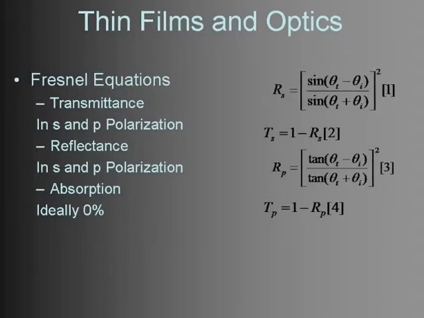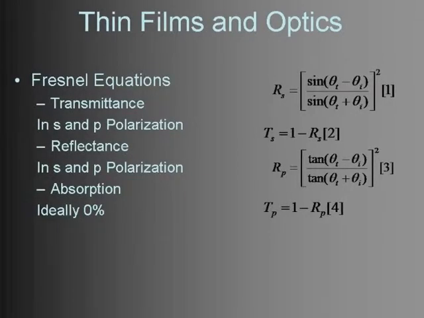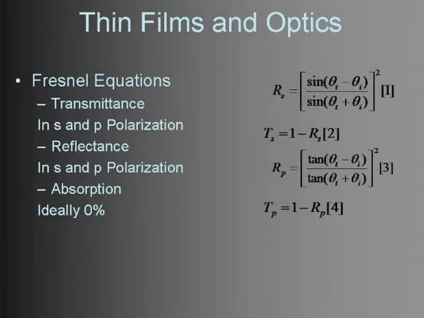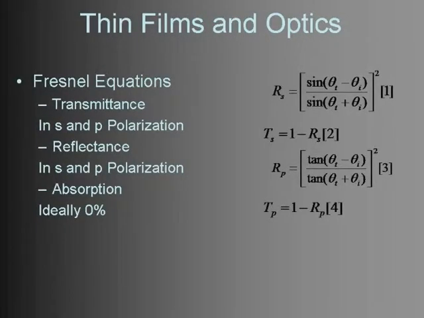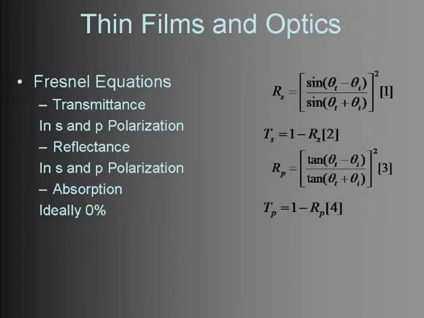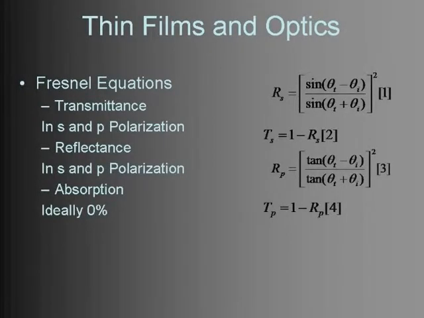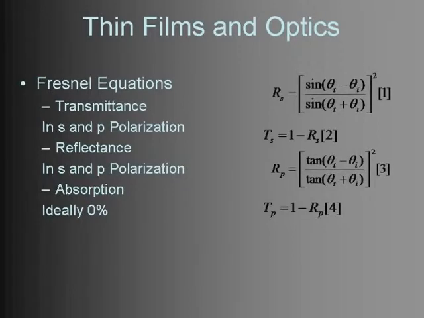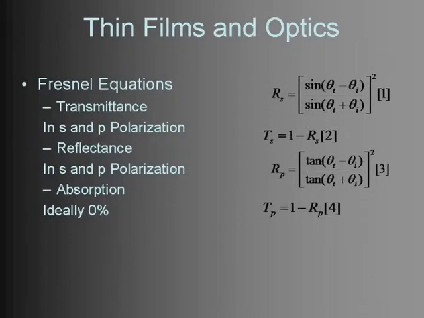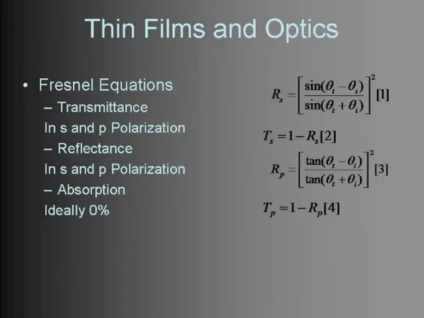Thin films follow the same Fresnel equations as polarization for most of the objects we've studied so far. The degree of polarization of the reflectance on the S and P planes can be determined by equations 1 and 3, where theta t is the transmitted angle, which is determined by Snell's law, and theta i is the incident angle.